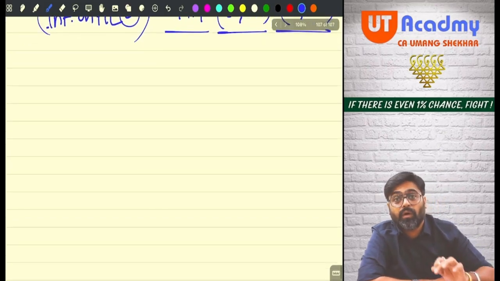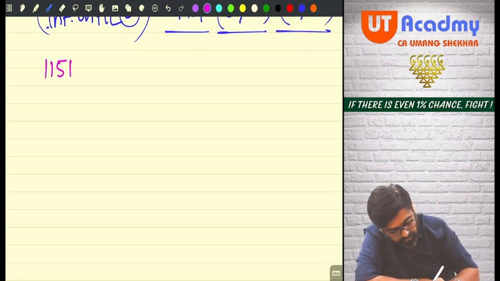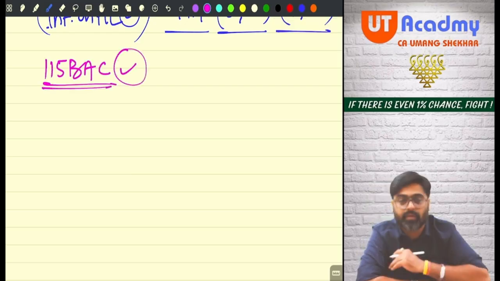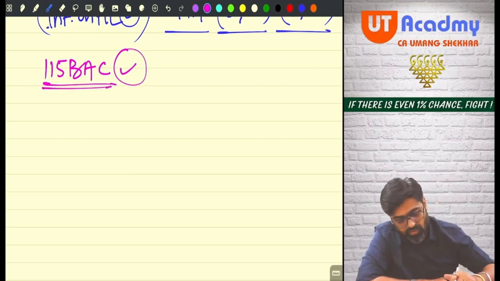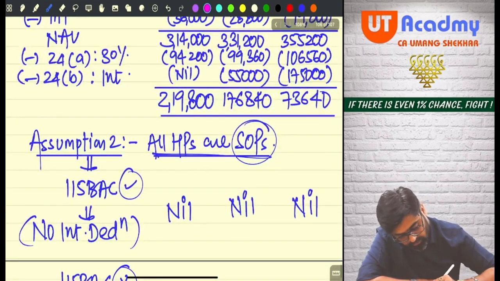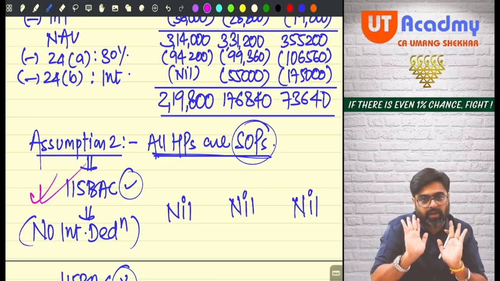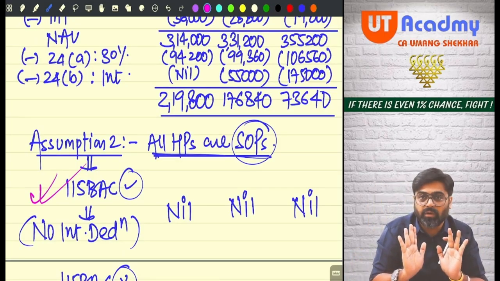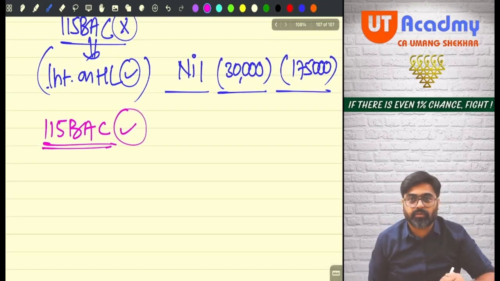Now, if the assessee follows 115 BSE, what are we supposed to do? We are supposed to take this table and this table. Both the tables we are supposed to combine. Yes or no?